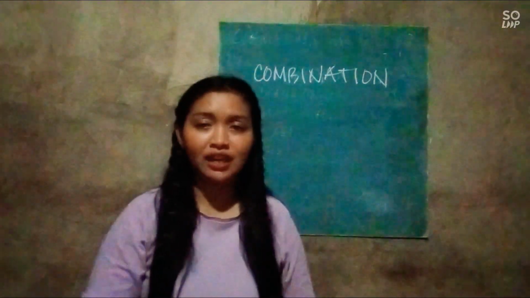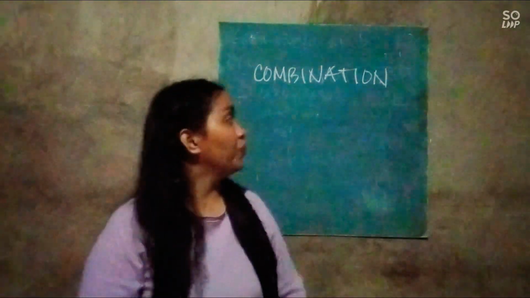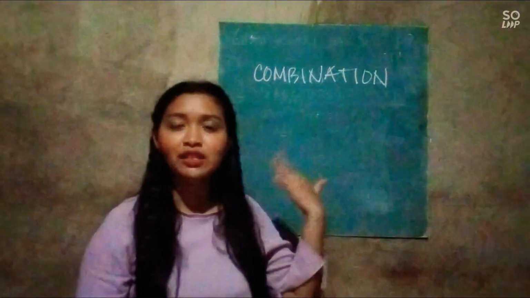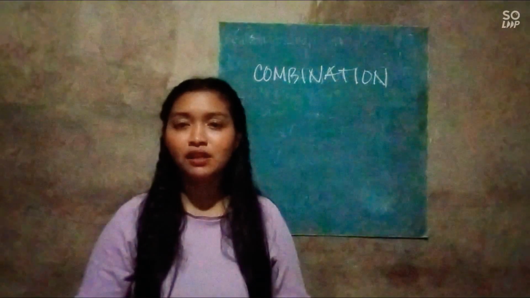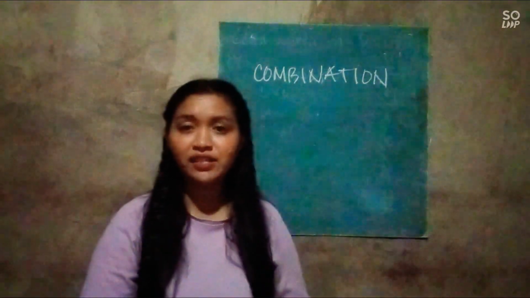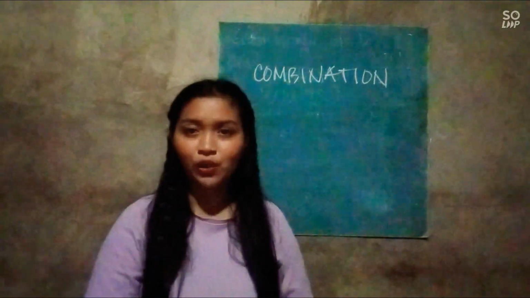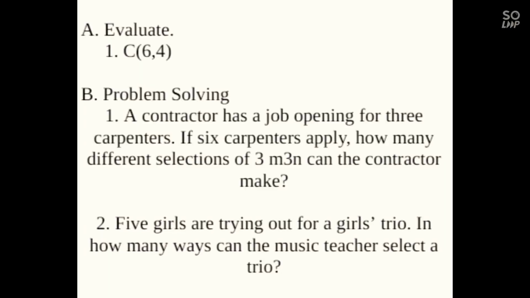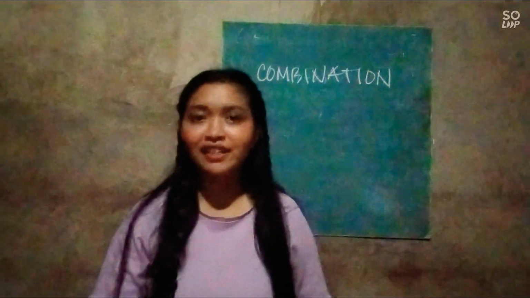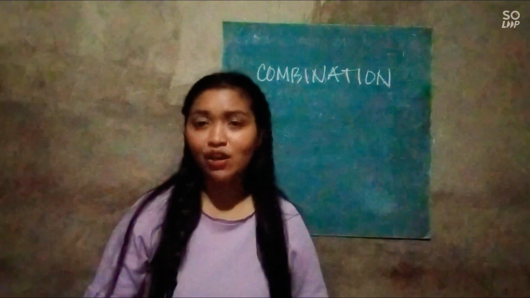So for today, we will continue to your activity. I want you to solve some problems and try to answer them on your own. Thank you. I hope you really understand how to solve the combination.